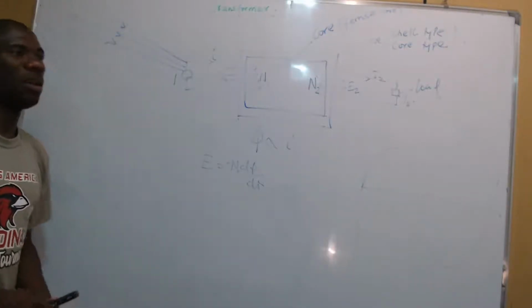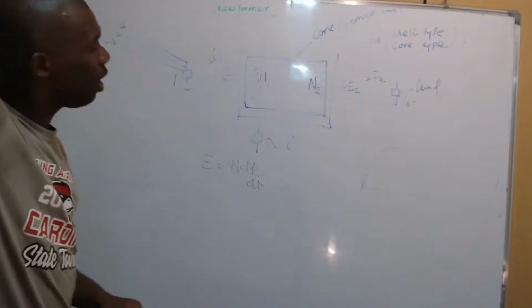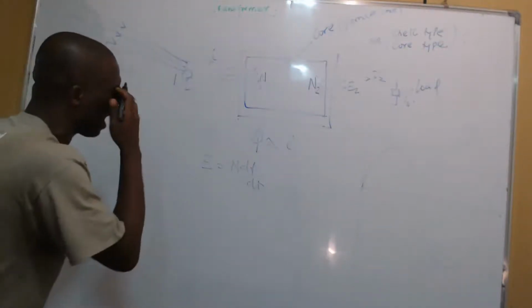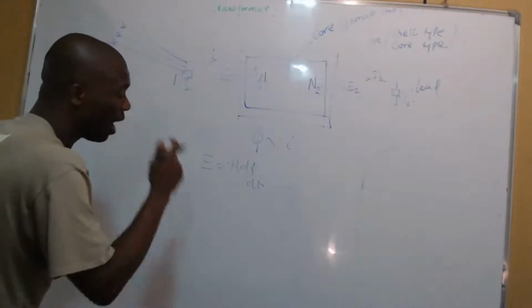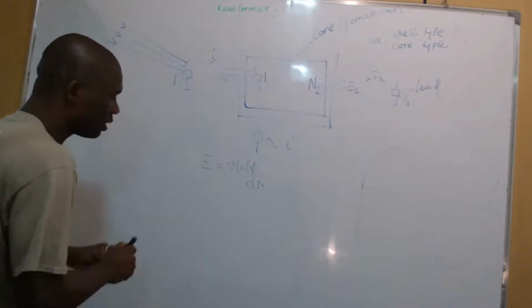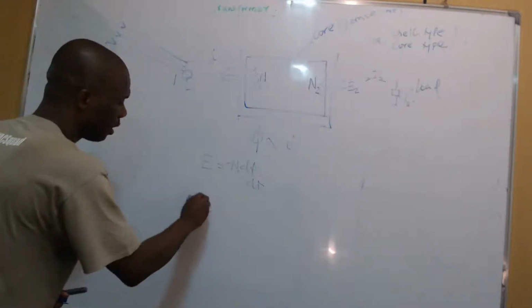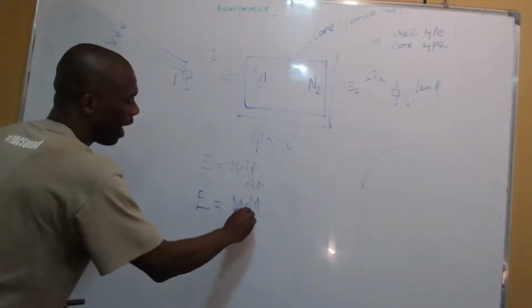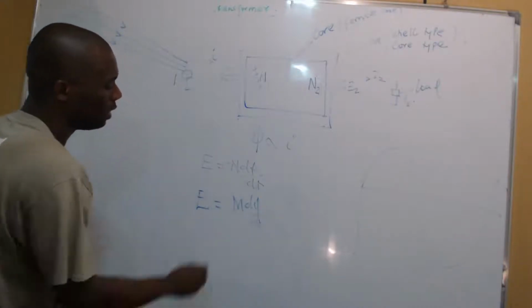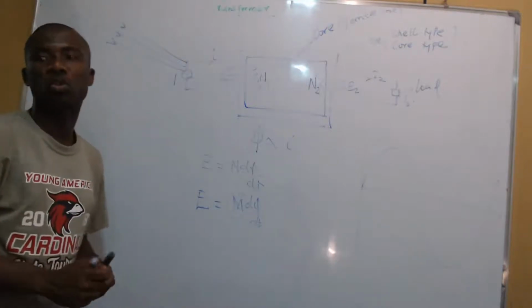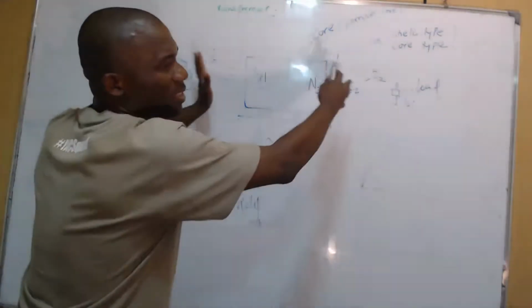Now, it works on the principle of electromagnetic induction, where the induced EMF E is equal to M d phi over dt. This also represents what we call mutual flux, the mutual flux between the two systems.